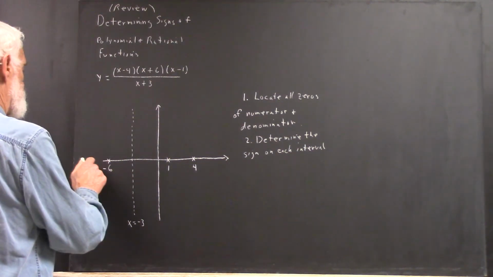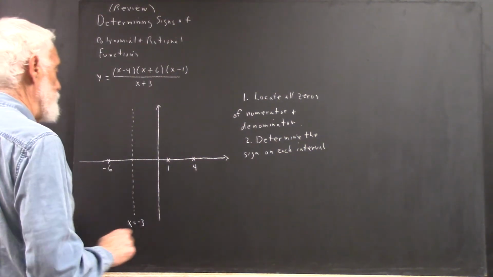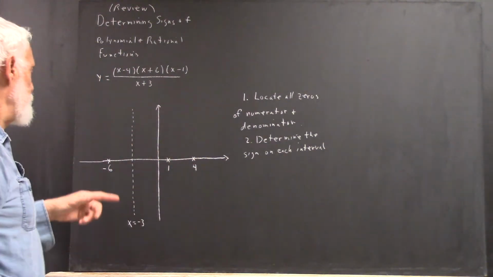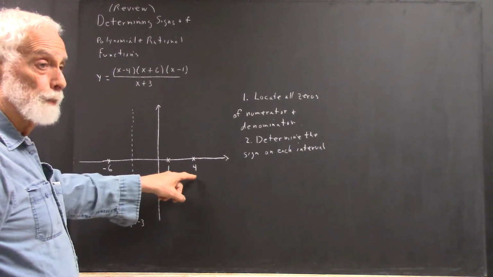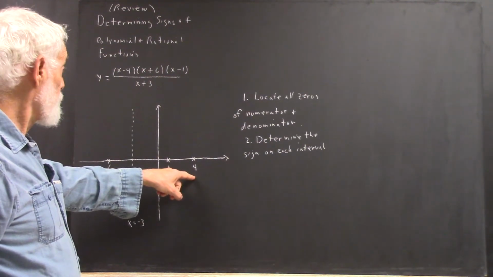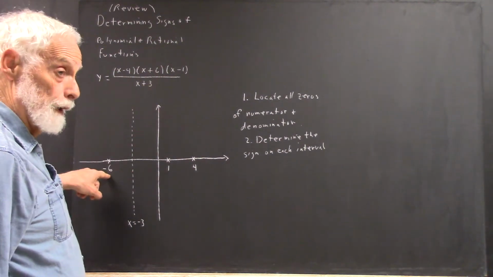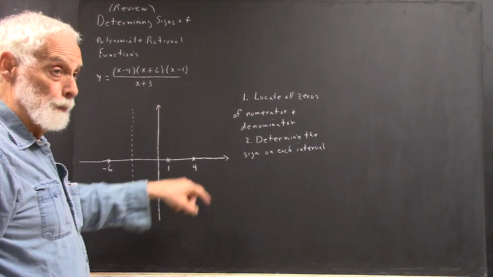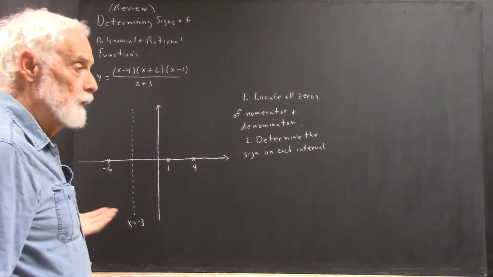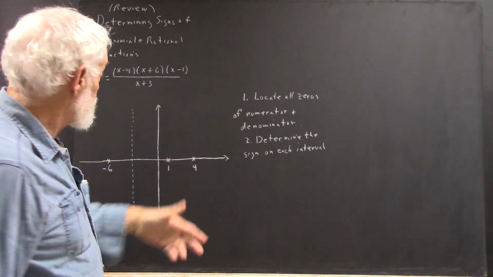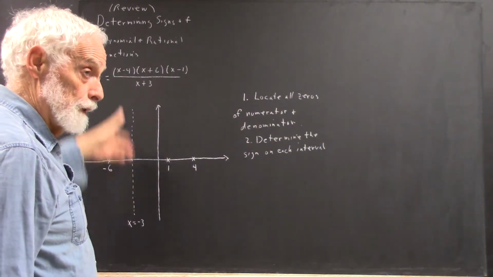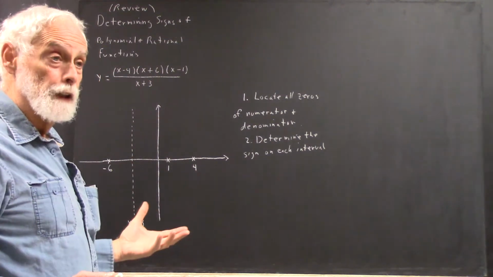Okay, so we have intervals. There are no zeros between 1 and 4. The only other zero of this function is at -6, and there are no asymptotes between 1 and 4. The function can't change sign because it's got a continuous graph, except at these vertical dotted lines where it's undefined.